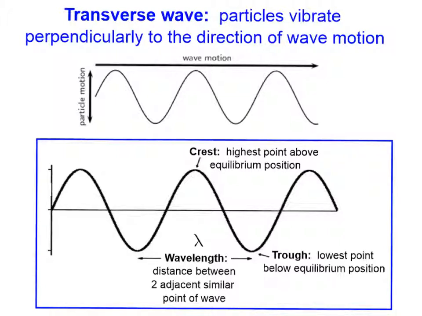So oftentimes we call it from trough to trough, or from crest to crest. These are the troughs. The troughs are the lowest points below the equilibrium. The crests are the highest points above equilibrium. And the wavelength would be the distance between two adjacent similar points. It could be between here and the next adjacent similar place on that wave as well.